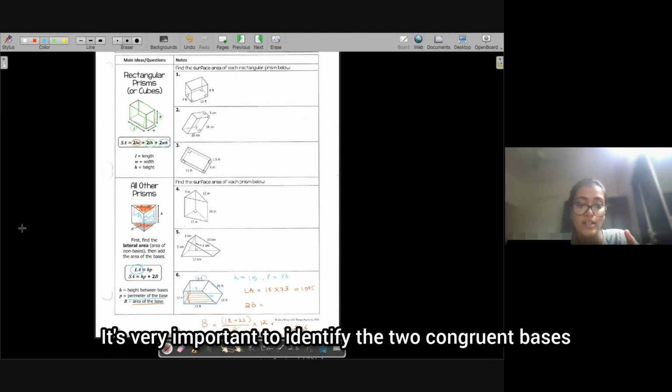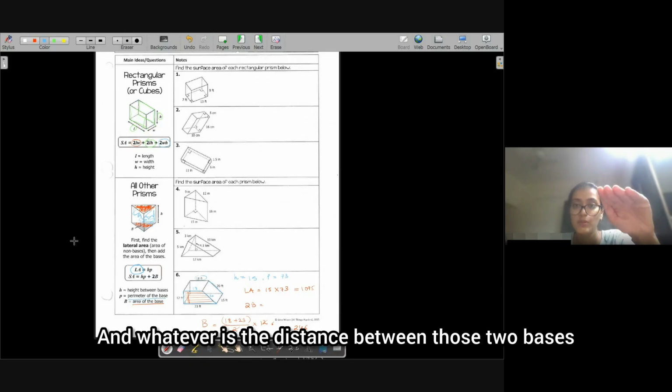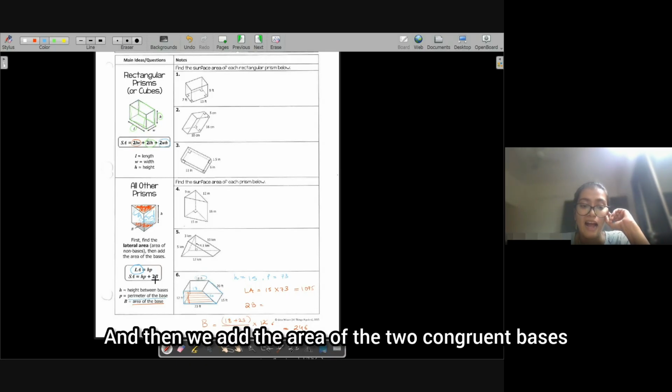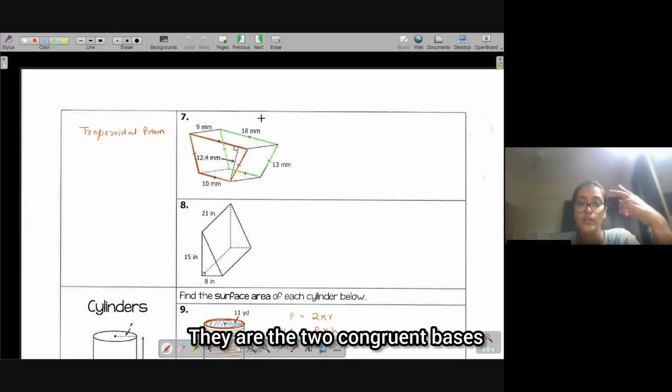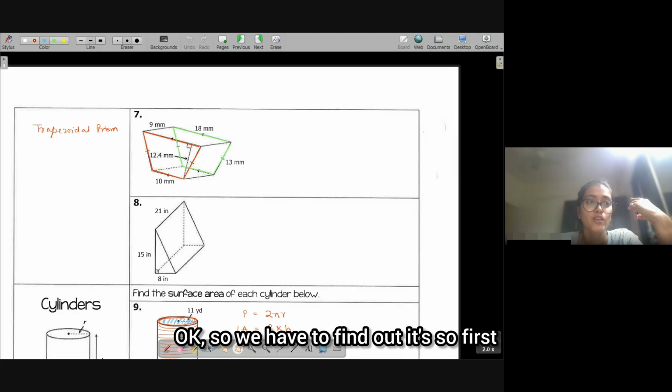It's very important to identify the two congruent bases, and whatever is the distance between those two bases will be your h. And then we add the area of the two congruent bases. You can see the red and the green trapezoid are the two congruent bases.